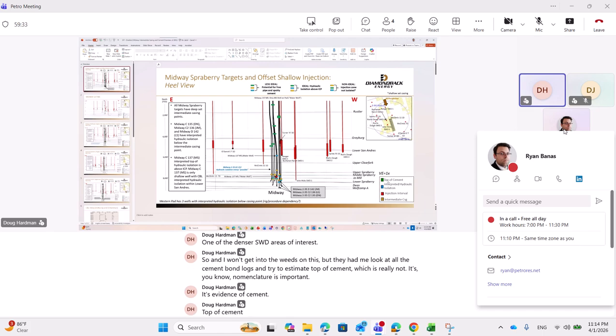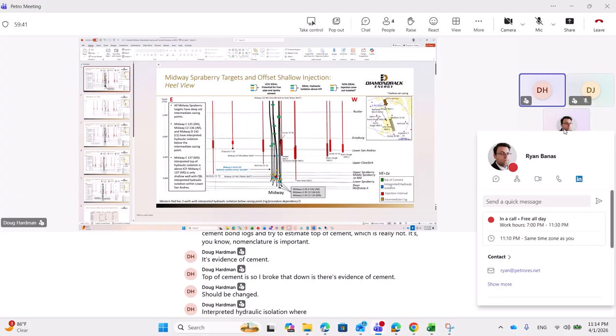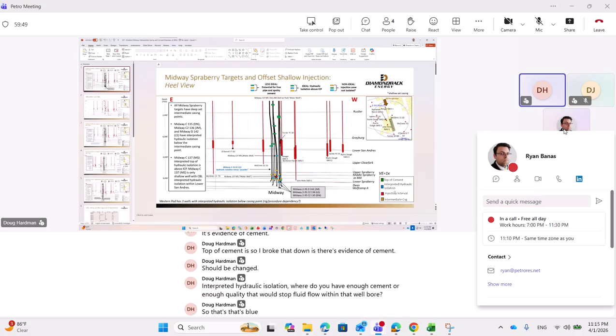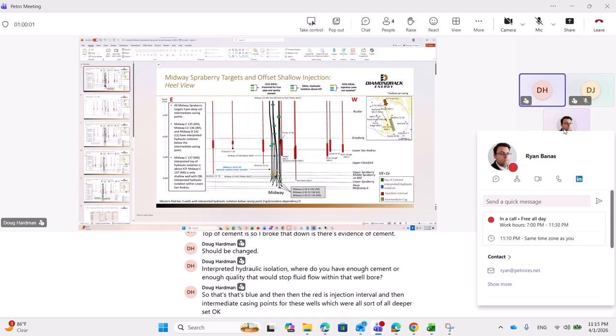I broke that down as evidence of cement, and interpreted hydraulic isolation: where do you have enough cement of enough quality that would stop fluid flow within that wellbore? That's blue, and then the red is the injection interval, and then the intermediate casing points for these wells, which were not all set deeper. Okay, you got that?